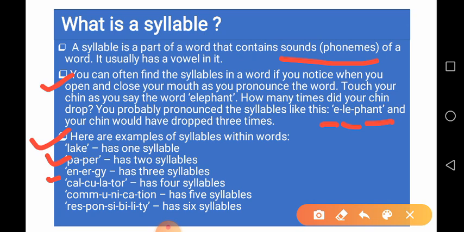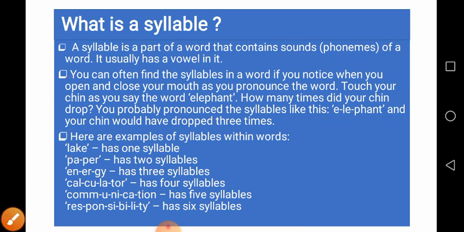Calculator has four syllables. Communication has five syllables. Responsibility has six syllables. So, a word like responsibility is a six-syllabic word. So, a syllable is a sound in a word.